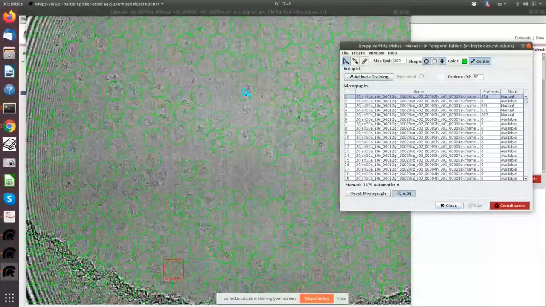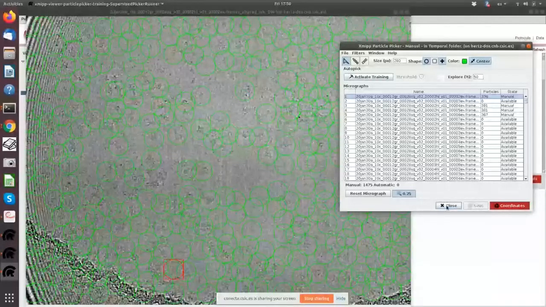Later, you can decide whether to reject those or keep them, depending on how many particles you have that are relatively isolated with respect to particles that have nearby particles. So it gives you more flexibility. And if you take a very big box size, the algorithm is learning what you are picking. If you pick very isolated particles with a large box size around, it will look for isolated particles with a large empty area around, and then you may lose many of your particles.